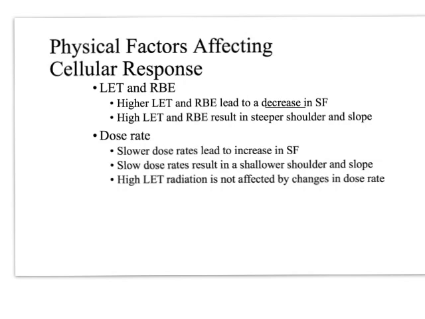So just extending out, slowing down that dose rate, especially with an acute exposure, could potentially increase the survival rate. With a high LET radiation, it's not affected by changes in dose rate. This is just for those low LET radiation exposures. But the high LET stuff doesn't care what your dose rate is. These high LET interactions are packing a serious punch.